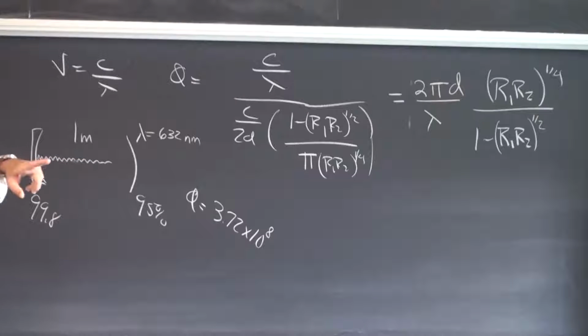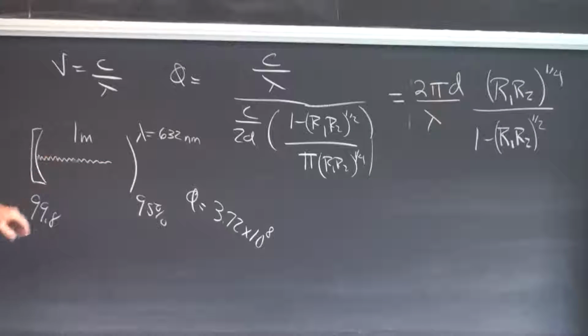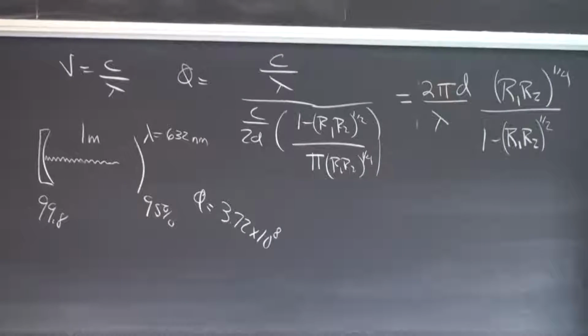That's why the Q is so high. We're just storing so much. Your simple LC circuit is a bulk circuit. It doesn't have lots of room for storage. This is storing tons of energy, and that's why the Q can be so high.